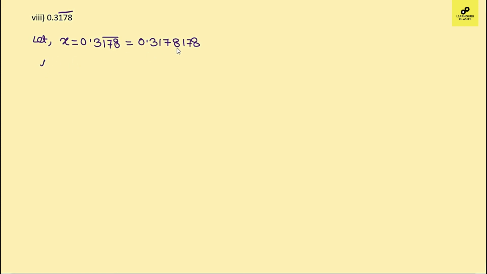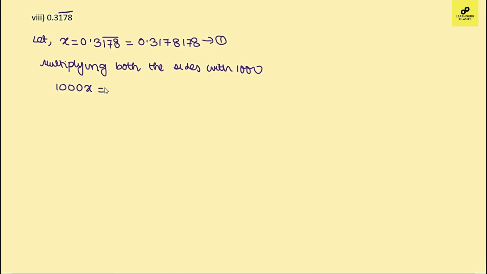So give this as equation 1. Multiplying both the sides with 1000, this will become 1000x and 1000 into 0.3178178.